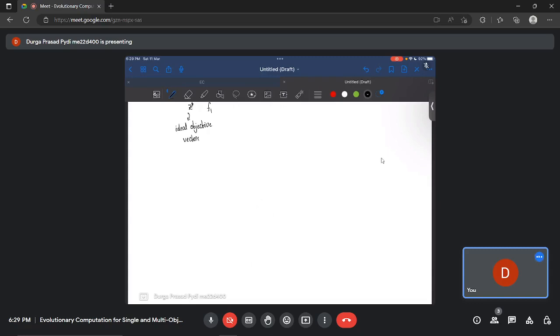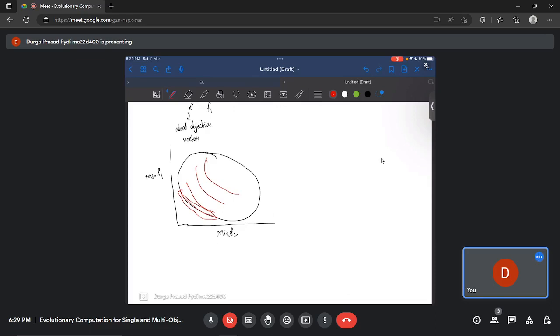If you have some space like this, say minimize f1 and f2, when you initially start with some solutions, you might get some front like this, which may not be the Pareto front. But as you keep on changing, that will improve till you reach this particular place where your solution has converged, in the sense it is not changing over iterations.